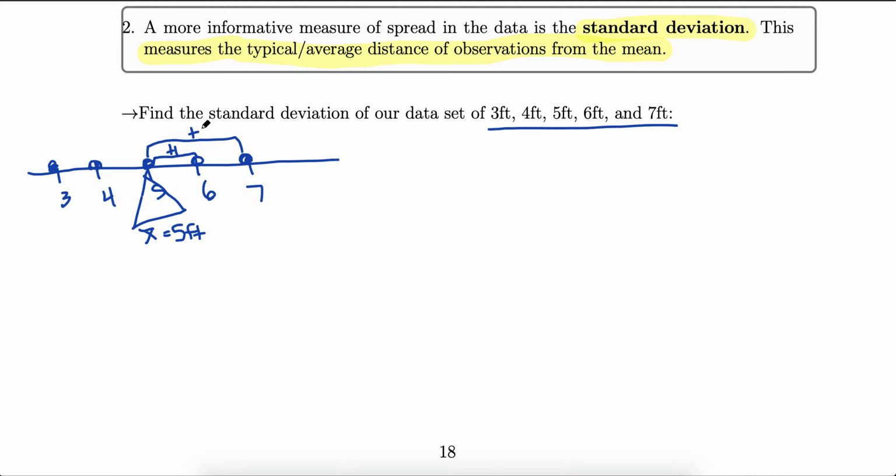And on the other hand, 4 is 1 below the mean of 5. 3 is 2 below the mean of 5. And we also don't want to forget, 5 is one of our observations too, and it's 0 away from the mean. It is the mean.